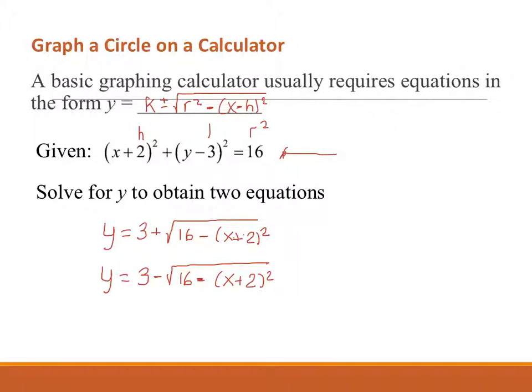Here is our k, and in this particular case we have a positive k here, which is 3. And then we have our r, and then we have our x minus h, and then taking the square root. And we have two equations, a positive equation and a negative equation. Now we're going to put those two equations into our calculator.